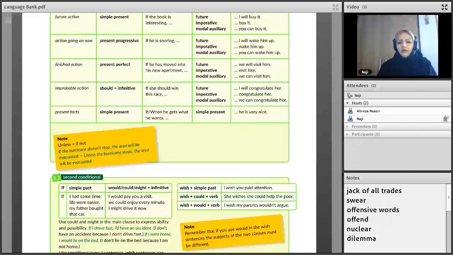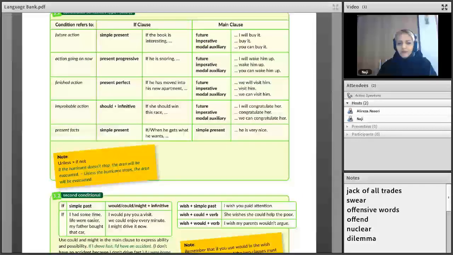In conditional type 1, we have an if clause and a consequence. The if clause can be present simple, present progressive, present perfect, and also we can use should, and again simple present, the same as type 0 actually.